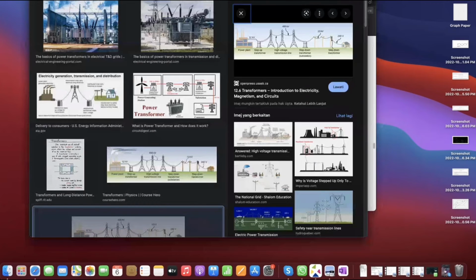When there's no current, the needle should stay in the middle. After that, it depends on the current. If the current flows to the right, then the needle deflects to the right. If the current flows to the left, then the needle deflects to the left. Okay, so that's the thing we need to know first. Okay, now let's come back to our question.